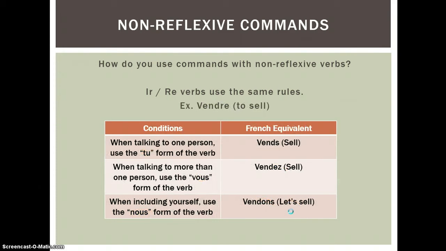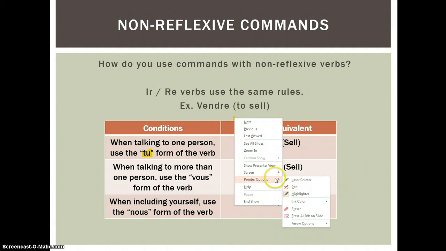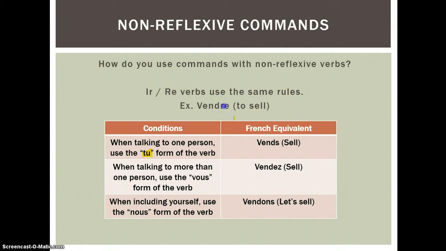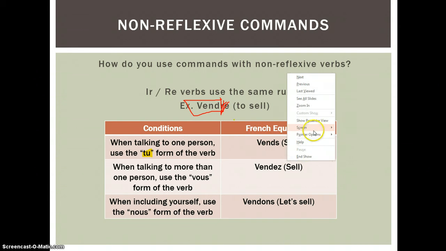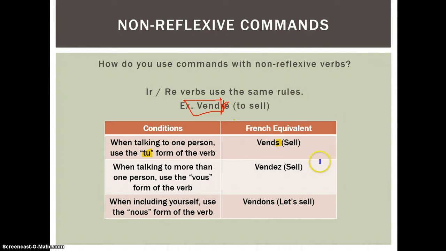Okay, in RE example, vendre is to sell. So again, when you're talking to one person, use the tu form. You would drop your RE, and you're left with this as your stem. And then you would simply add your tu ending, which is the S. So vends.